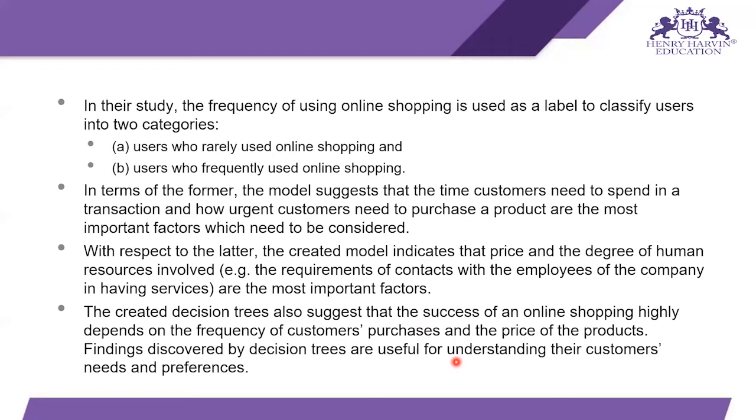So basically the tree which we create by using all these factors and data also suggests that the success of online shopping is highly dependent on the frequency of the customer, that is how often customers will purchase a thing, and the price of that product. And these decision trees can find discoveries which are useful for understanding customer preferences and needs, and customer behavior also. So that's all about it.